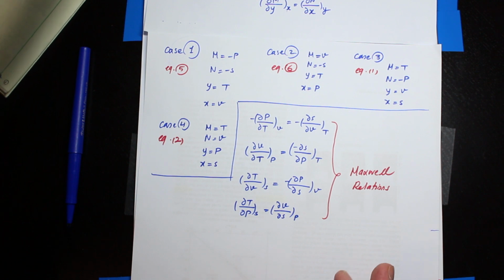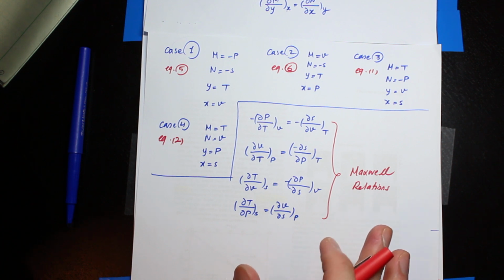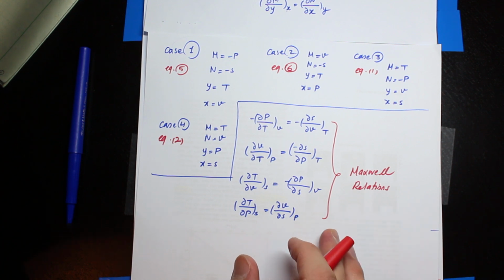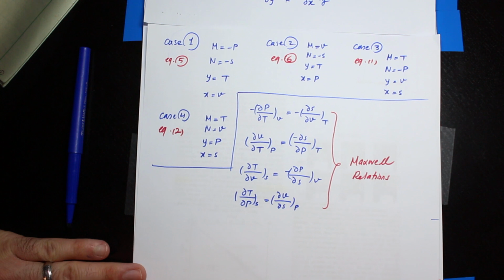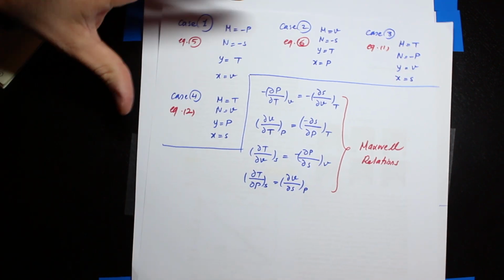The reason that they are valuable is because they can provide a method to determine the change of entropy simply by measuring the temperature, pressure, and the volume. All right? So let me just write this down.